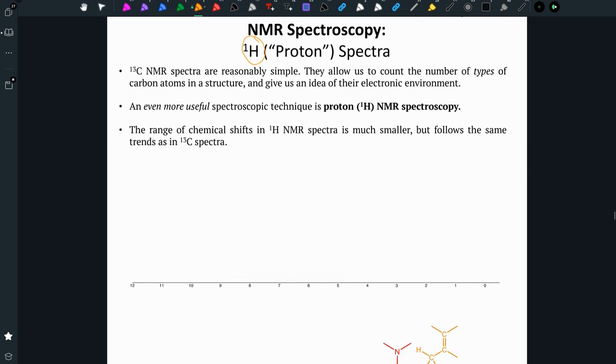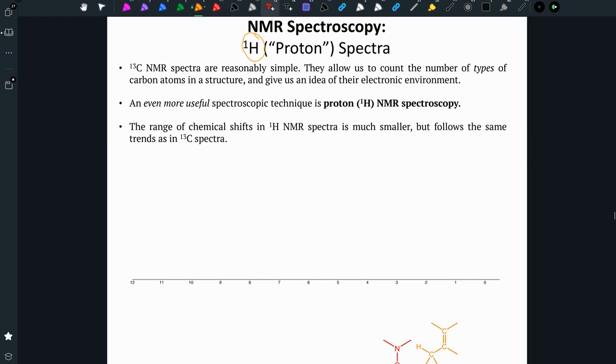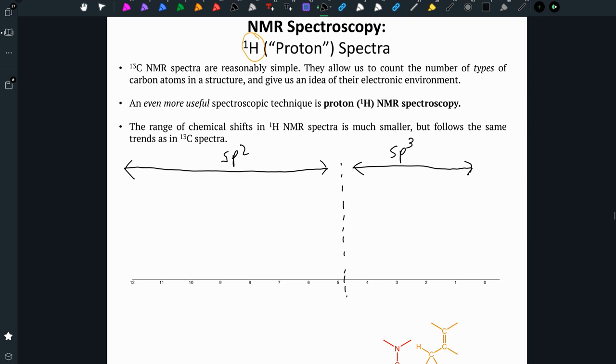So in a proton NMR spectrum, our dividing line between sp2 and sp3 is going to be somewhere a little to the right of 5 parts per million, just below 5. So that's our dividing line between sp2 and sp3. Okay.